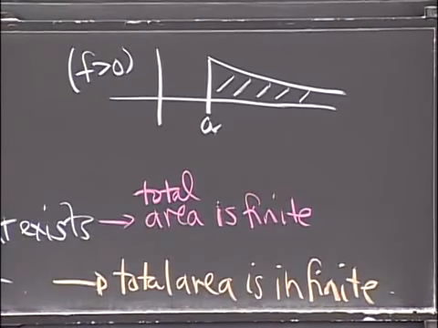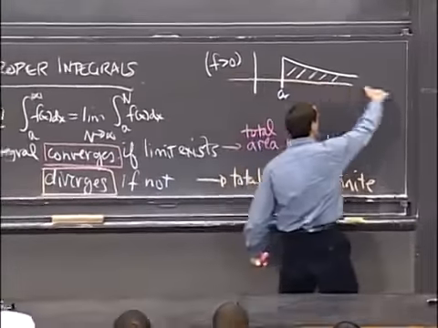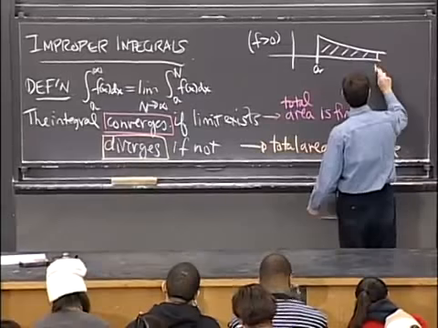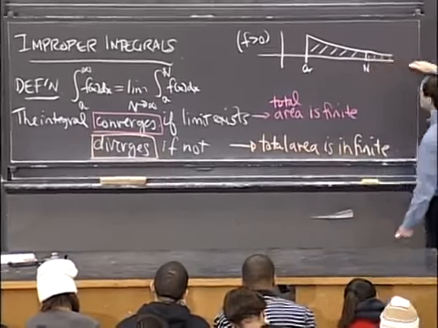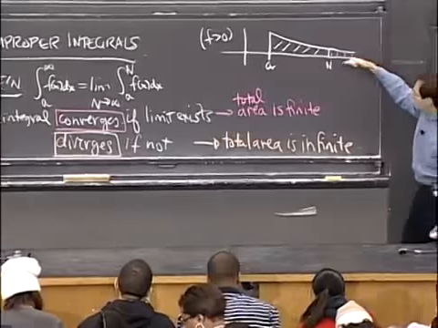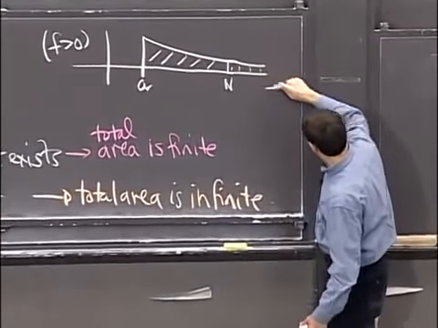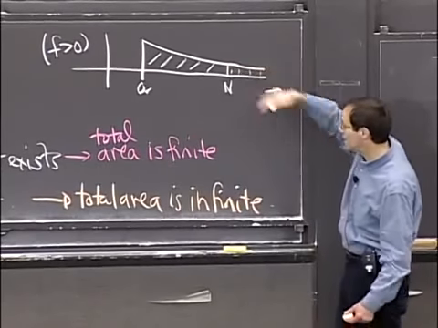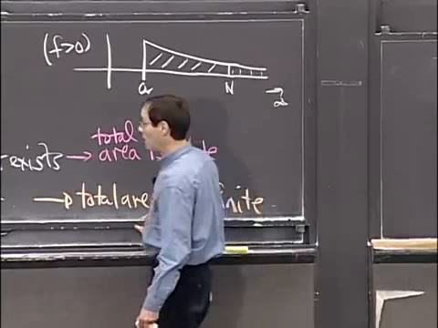Now, I claim that both of these things are possible. Although this thing goes on forever, if you stop it at one stage n, then of course it's a finite number. But as you go further and further, there's more and more area. And there are two possibilities. Either as you go all the way out to infinity, the total adds up to a finite total, or else maybe there's infinitely much.